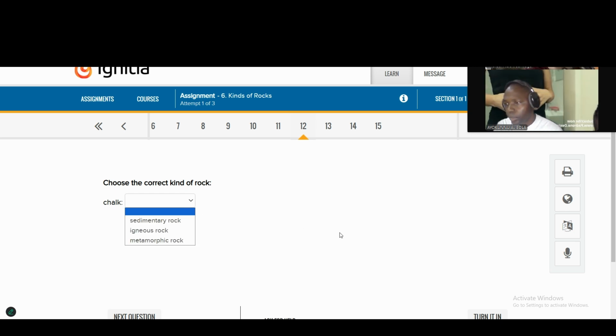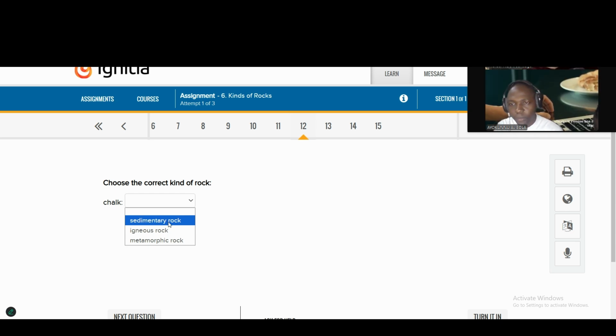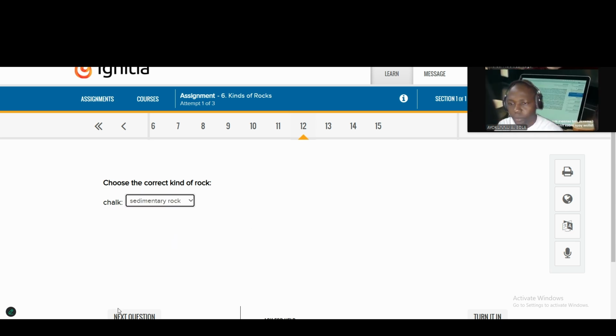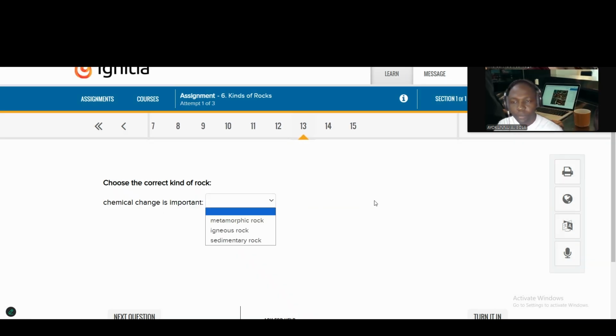Then chalk is sedimentary rock, okay? Then chemical change is important in which one?